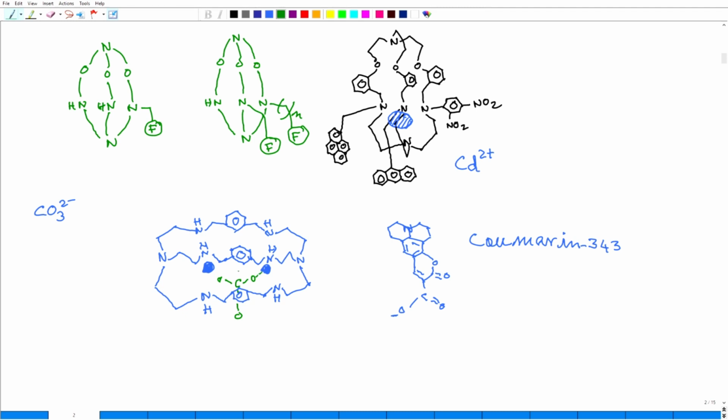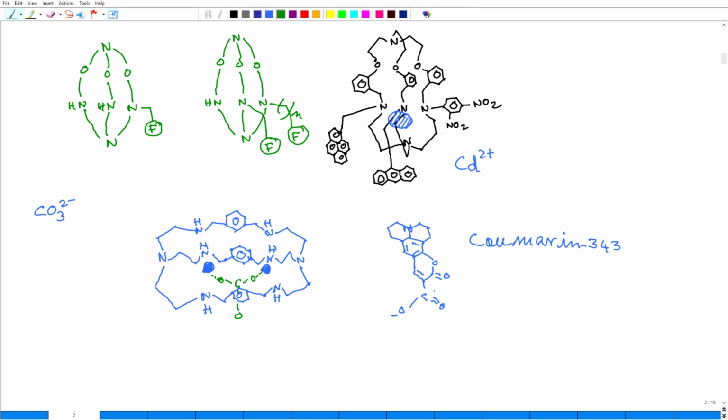So, it binds much better, it is a CO3 2 minus, and it binds to the 2 copper 2 centers. When it binds, the carbonate kicks coumarin outside, coumarin goes outside.